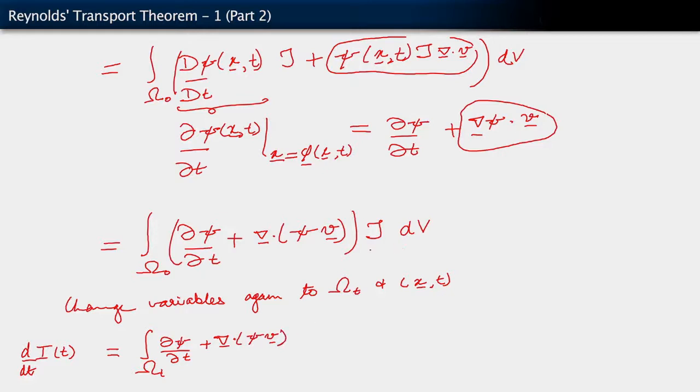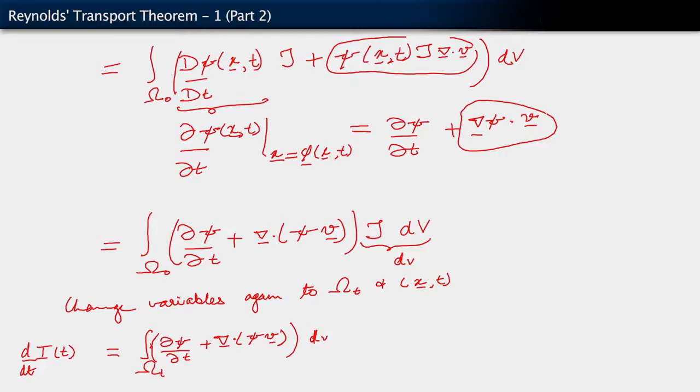Now, j dV becomes dv, because j is the ratio of the current to the initial elemental volumes, and capital dV is the reference elemental volume. So that product gives us the current or deformed elemental volume, little dv. So all of this becomes an integral with dv, and we're essentially done.